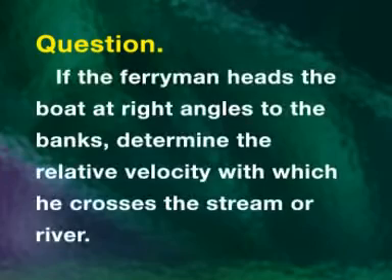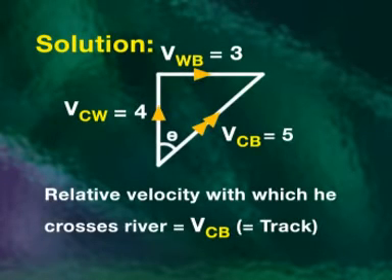Let's answer another question. If the ferryman heads the boat at right angles to the banks, determine the relative velocity with which he crosses the stream or river. The relative velocity with which he crosses the river, VCB, equals track.